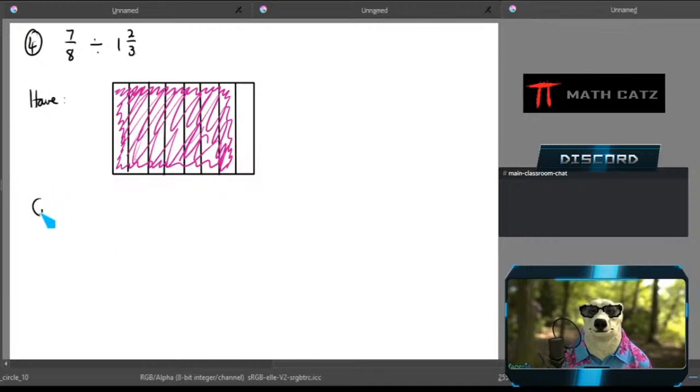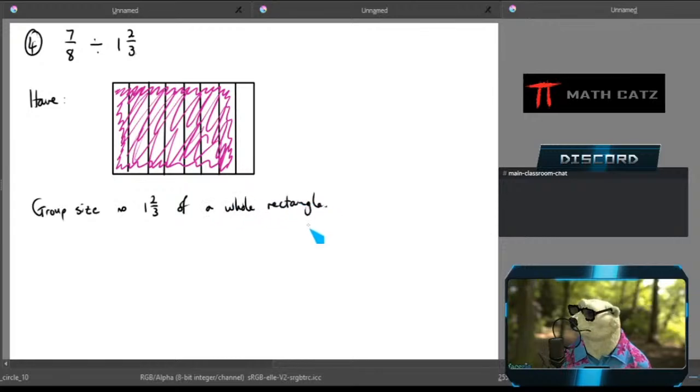Now, our group size is 1 2/3 of a whole rectangle. This is a little different than what I have before.